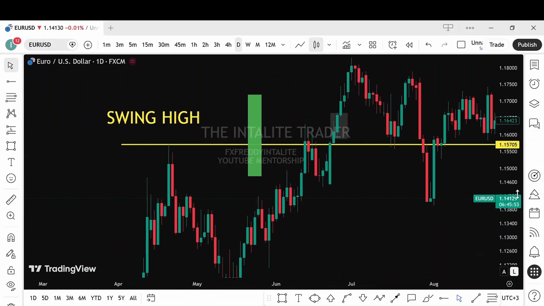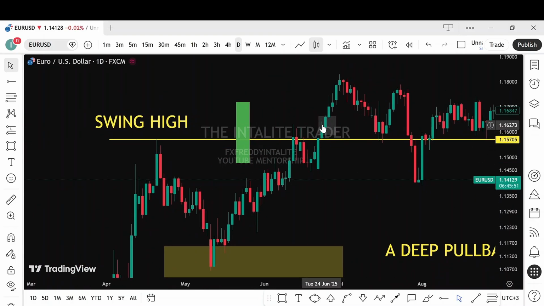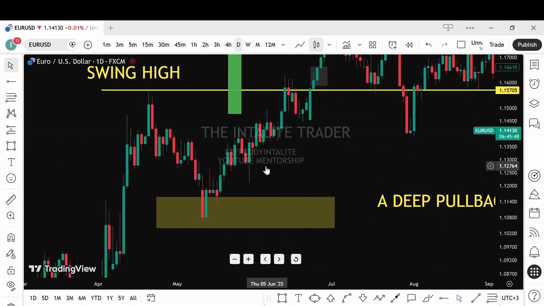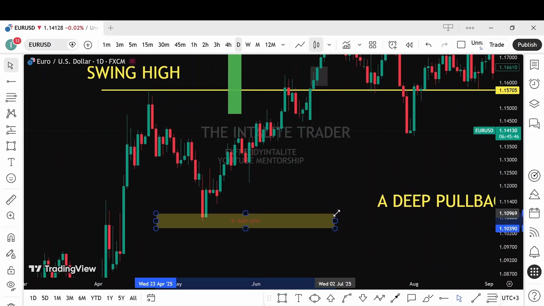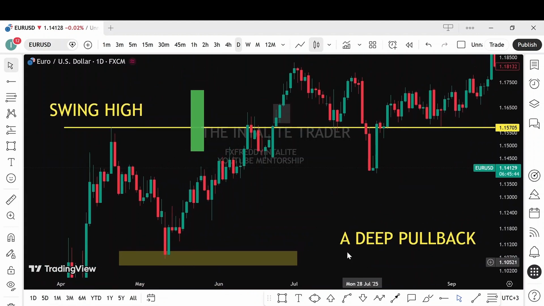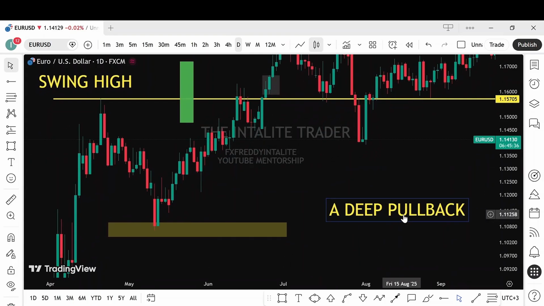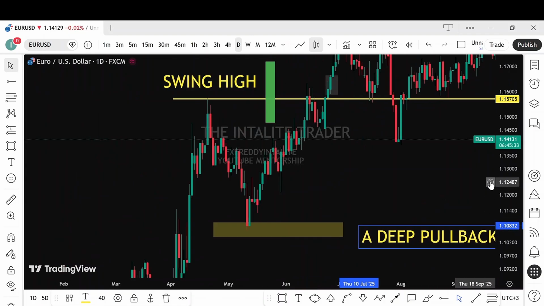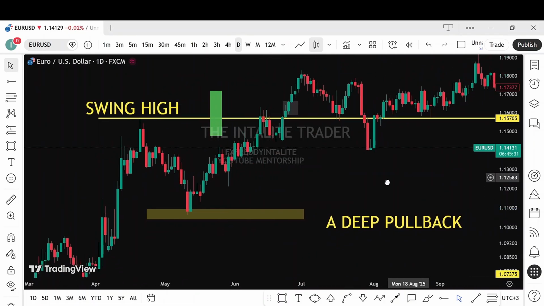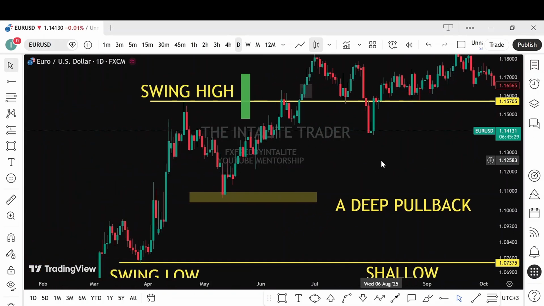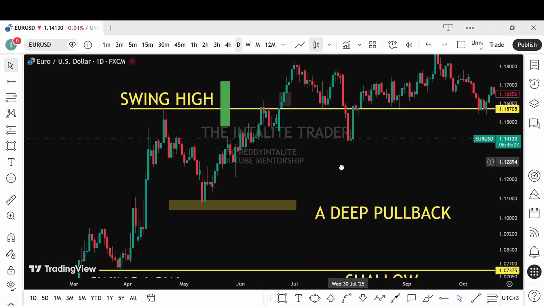So once we close above, that means this one becomes a swing low. And if price goes and begins to pull back, we shall call this a swing high. That's why I said at times trading can be complicated if you don't apply other things, because here I'm applying the knowledge of market structure.